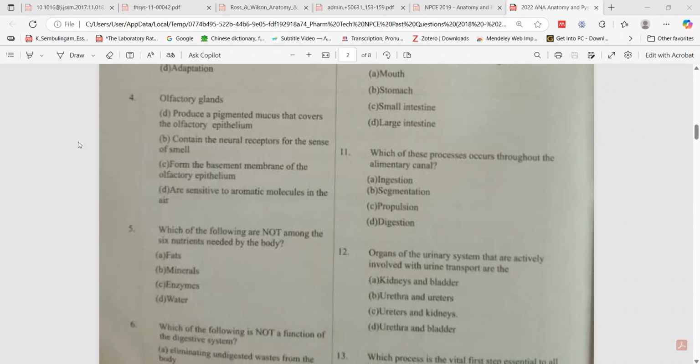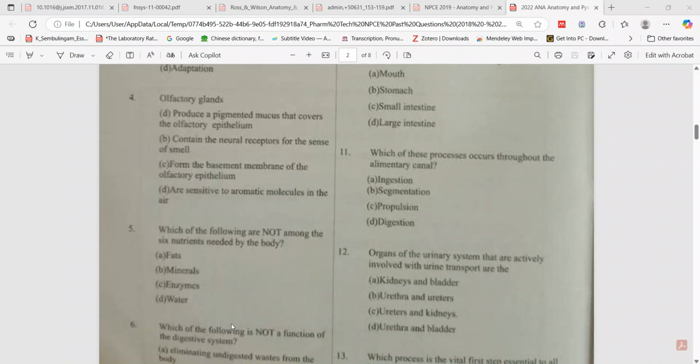So what does olfactory mean? No, the answer is not B. So what's the answer? Think option D. No, A is the answer. Olfactory gland, A is the answer.